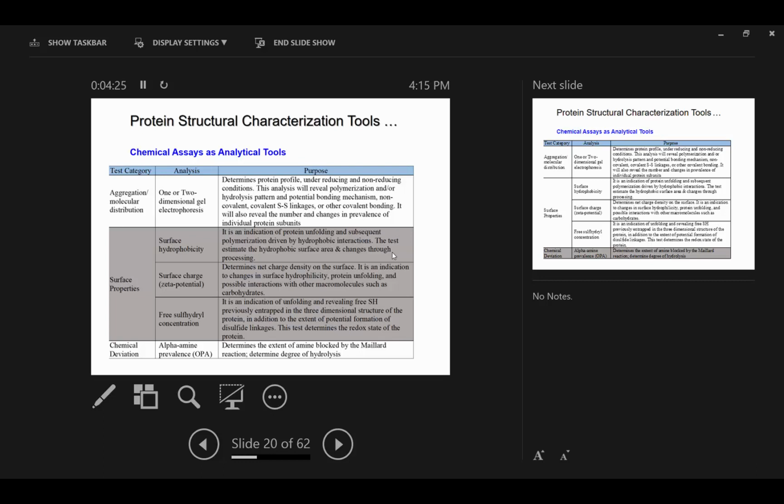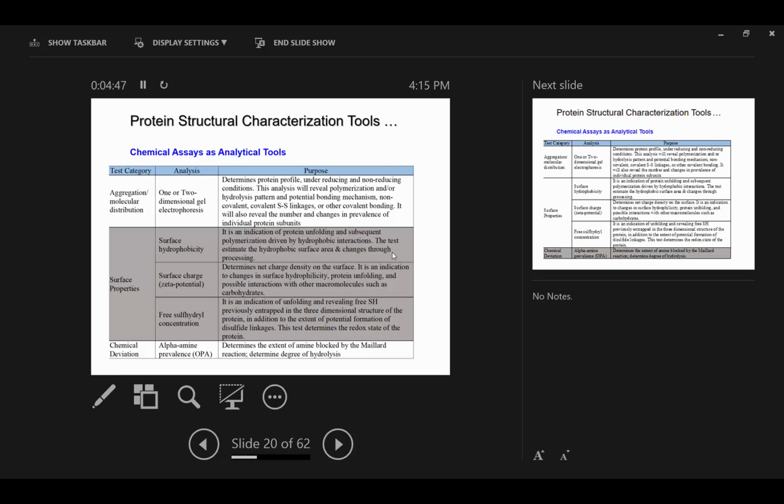Okay, so with surface charge, it's very important to determine surface charge. If you modified the protein, you added a group to the protein that changed its charge, to relate how that charge density differs and how that impacts functionality. Again, it all boils down to how it impacts functionality.